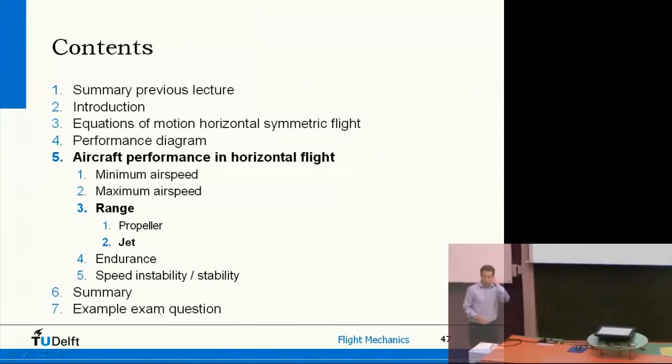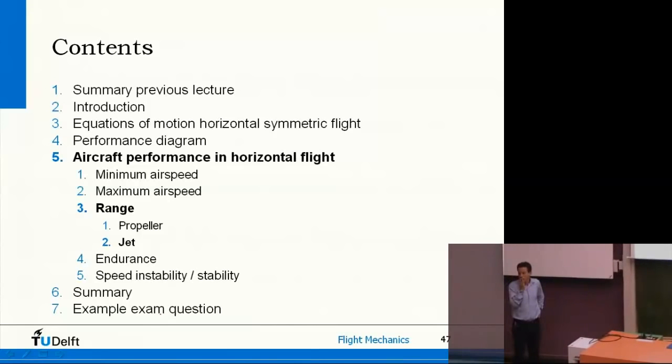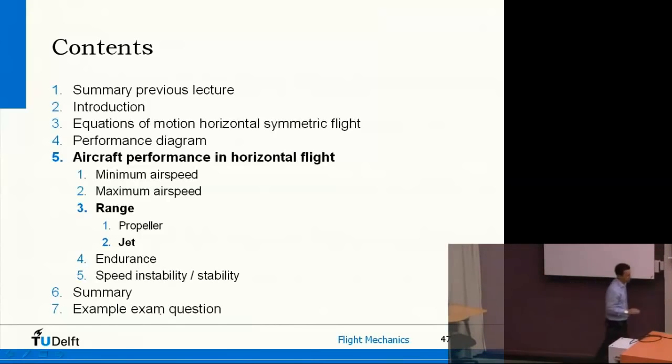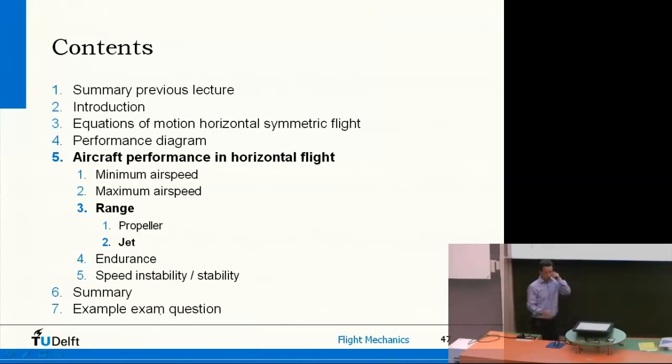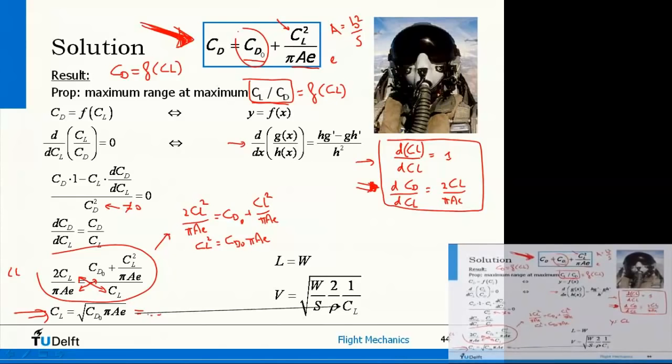So now we solve. There's a question? Well, if I say I have a function y is equal to CL, it's the same as saying y is equal to x. So if I take the derivative dy/dx, that's of course 1.